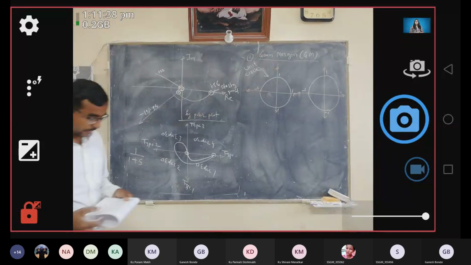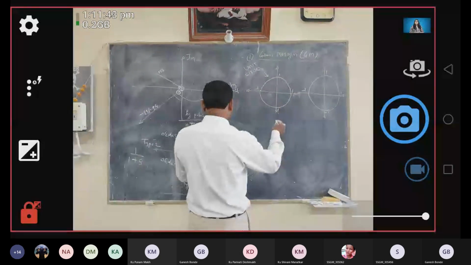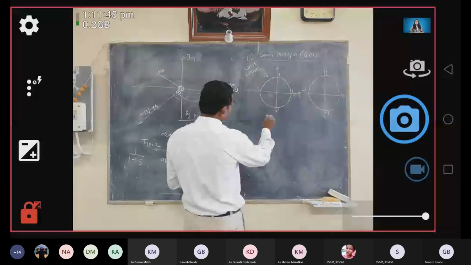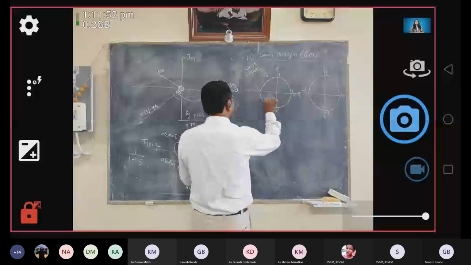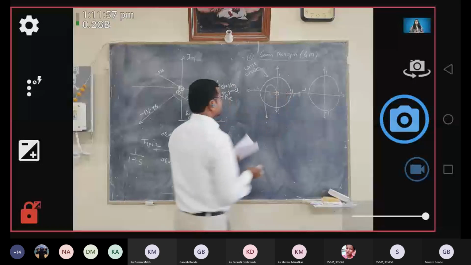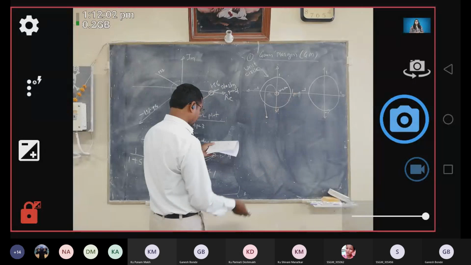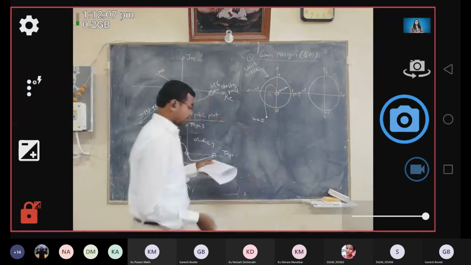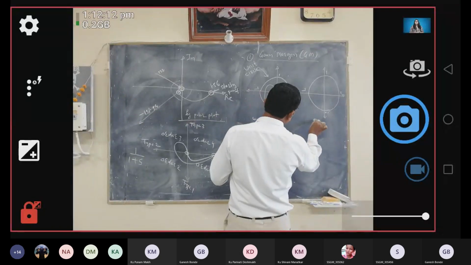Then let's say this will be the nature of your polar plot. The nature of the polar plot could be like this. This is at omega equal to infinity, and this is the starting point, that is omega equal to 0. And in the second figure, we will consider the polar plot like this.